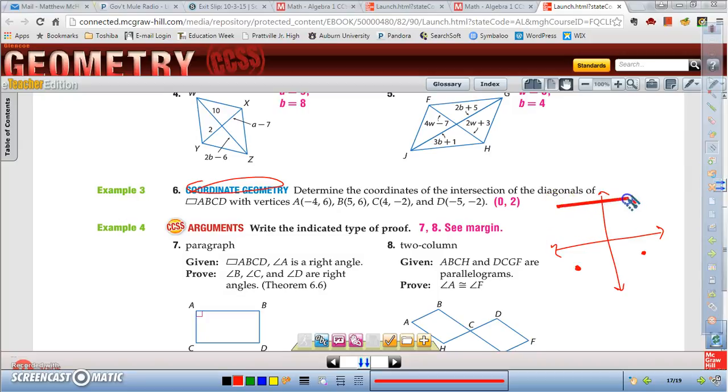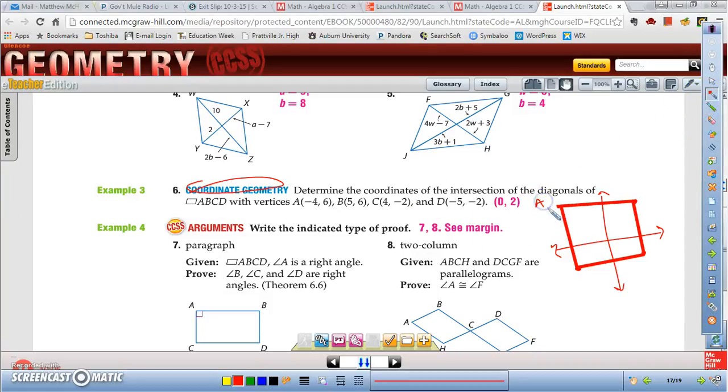And then connect your points. And again, these lines are obviously not parallel. My opposite sides are not congruent. My opposite angles are not congruent. My consecutive angles are not supplementary because this is not drawn to scale. This is a rough sketch so I can get a general idea of what this figure looks like.